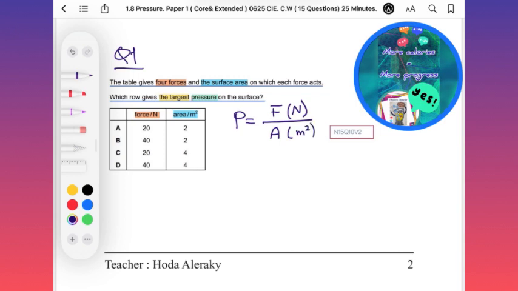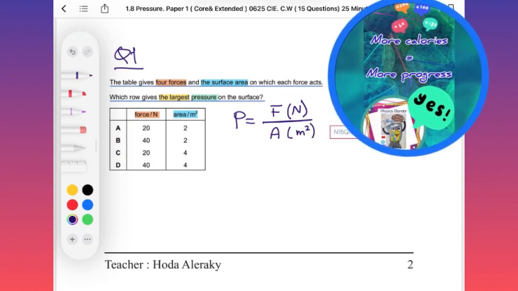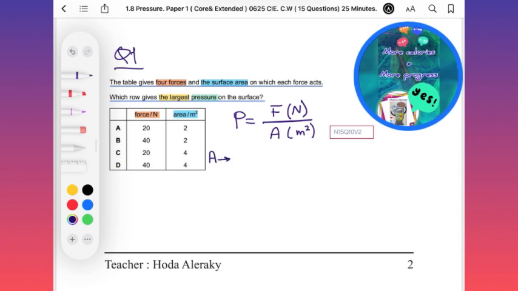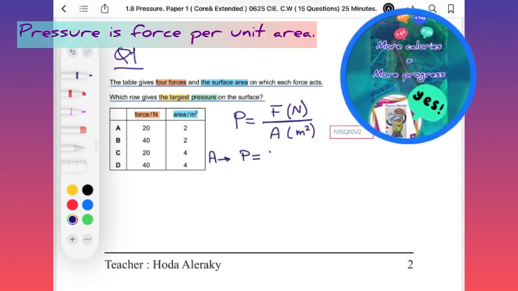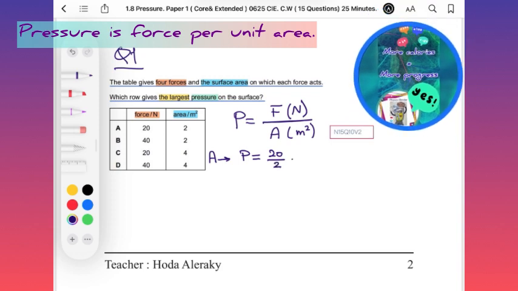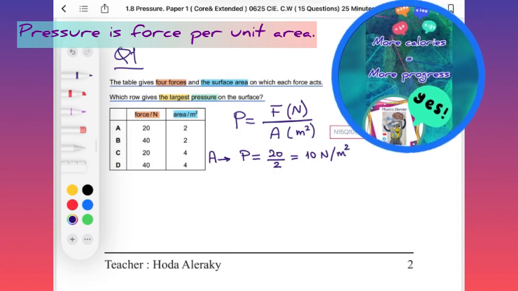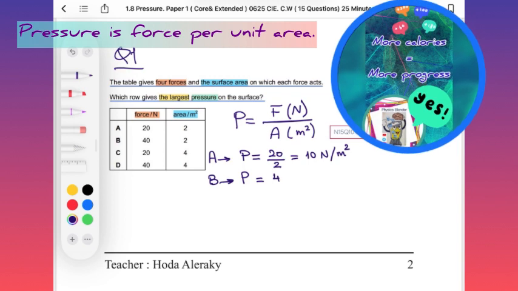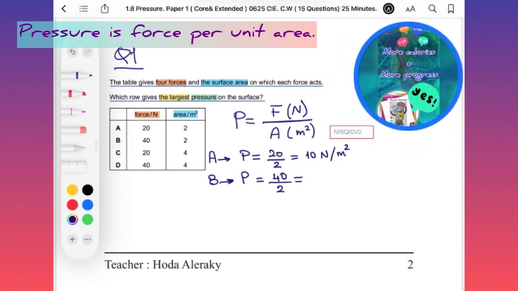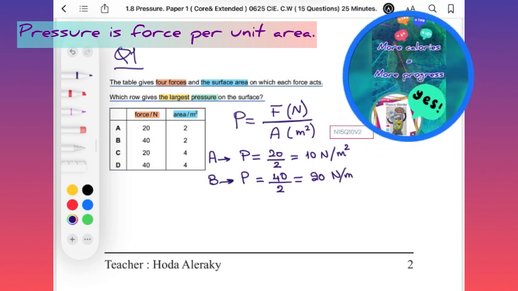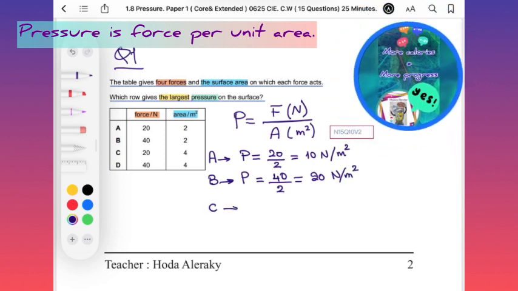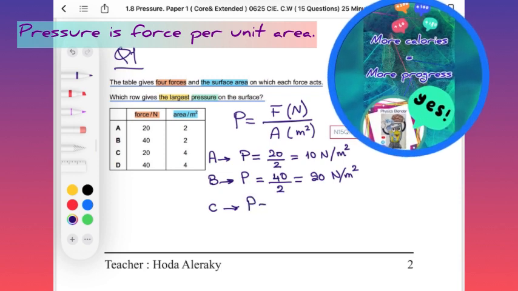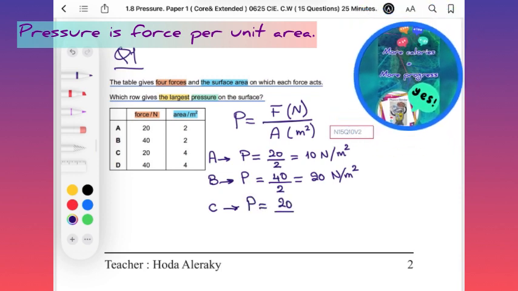In case A, you have to calculate pressure, which is 20 divided by 2. The answer is 10 newtons per square meter. In case B, pressure will be equal to 40 divided by 2, which is 20 newtons per square meter. In row C, pressure will be equal to 20 divided by 4.